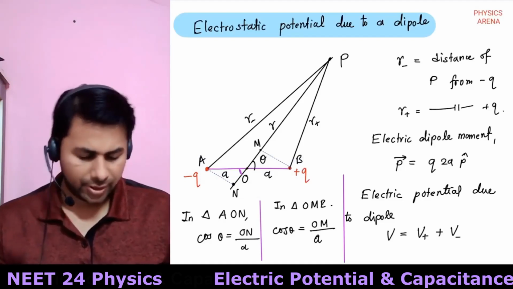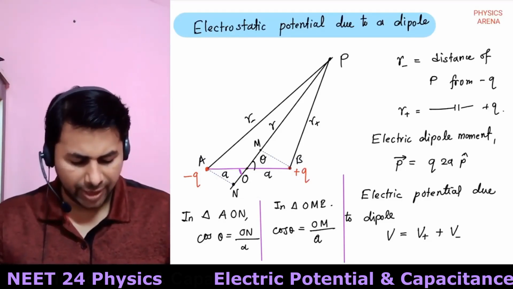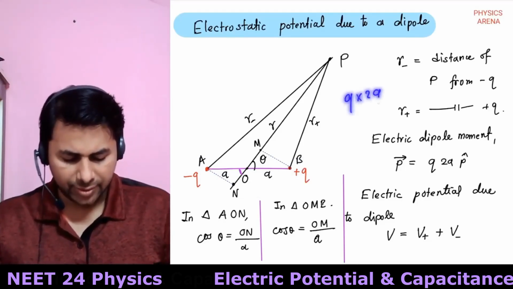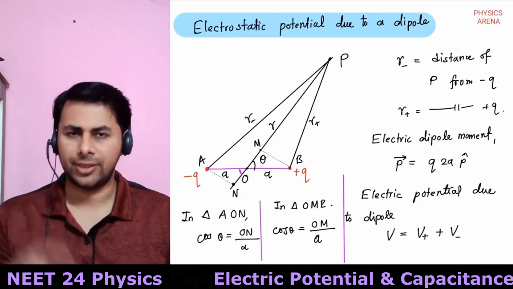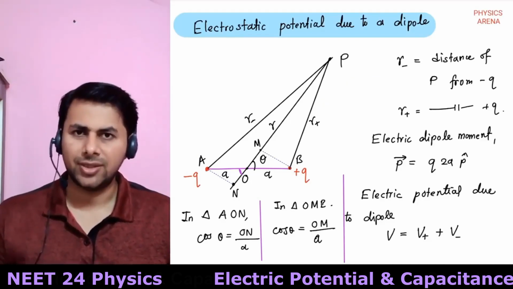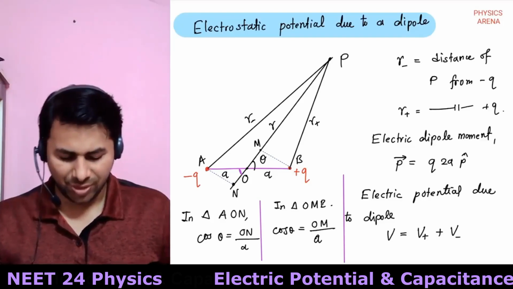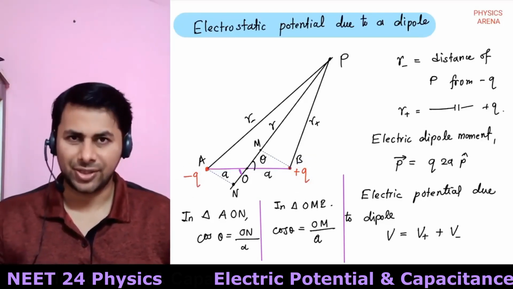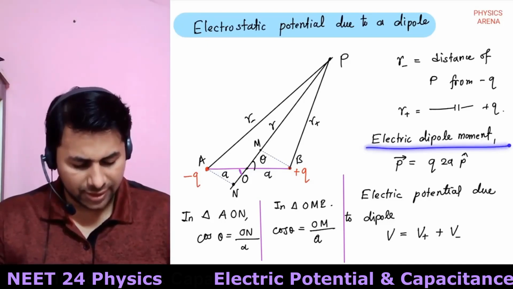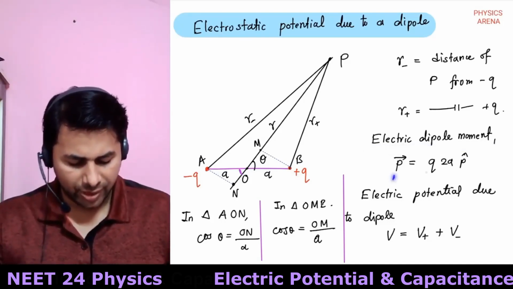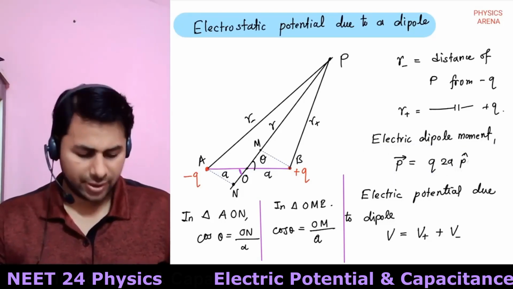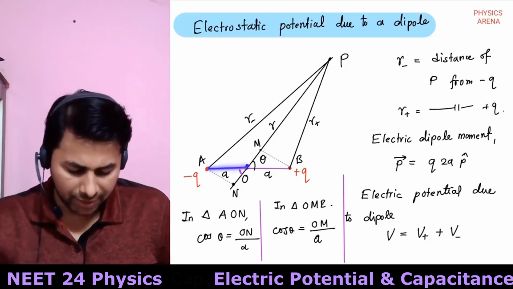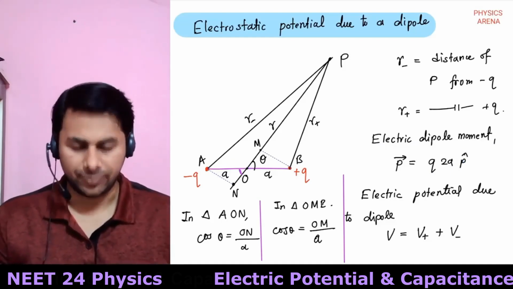It has a dipole moment defined by q times 2a. This is the dipole moment, but it's a vector quantity. What is the direction of the dipole moment? It is from minus q to plus q. So the electric dipole moment p bar is equal to q times 2a into p cap, where the direction of p cap is from minus q to plus q.